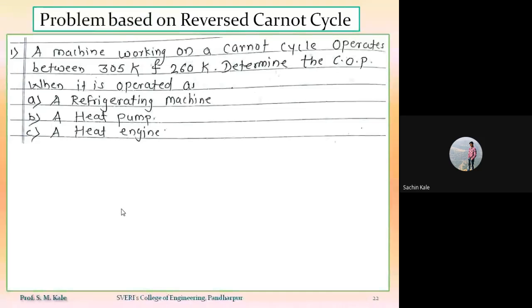Shubham Kakade, read the problem. Kakade. Is Shubham Kakade present? Hello, can you read the problem?